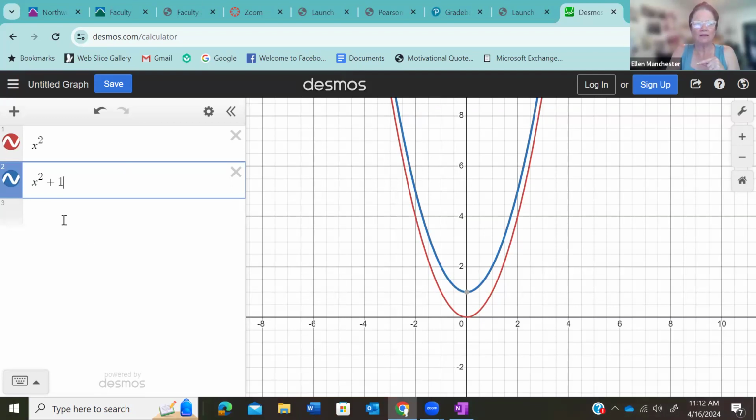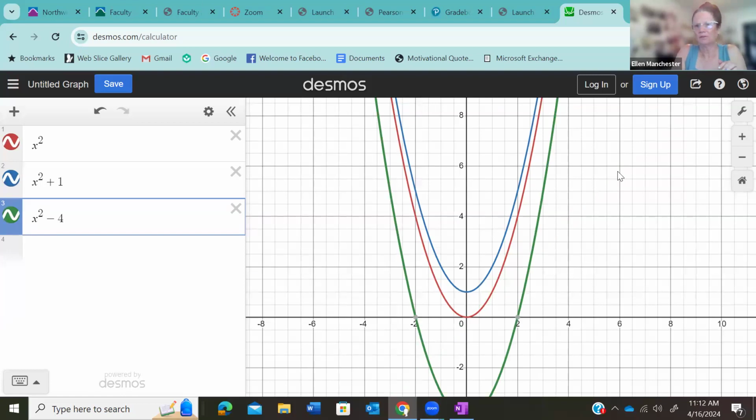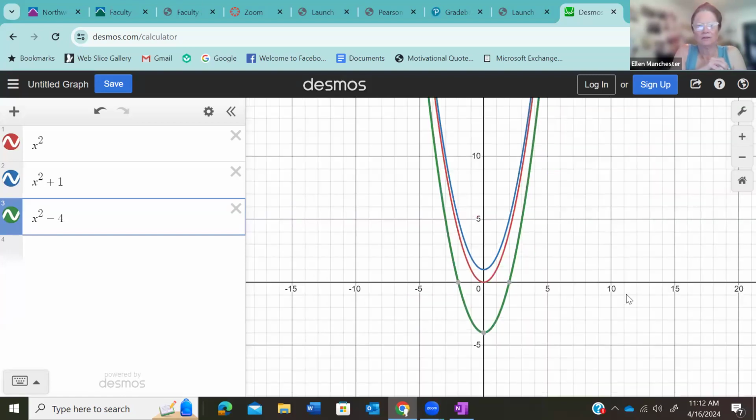If I had x squared minus 4, what would the derivative be? Still the same thing, 2x, right? So this is called a family of functions, and this family has all this exact same derivative.